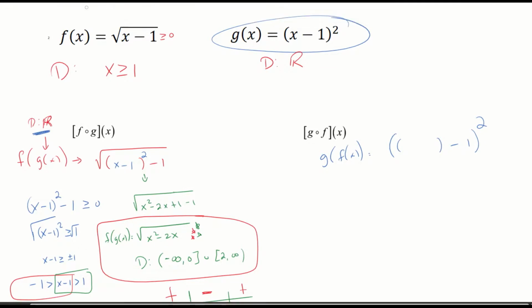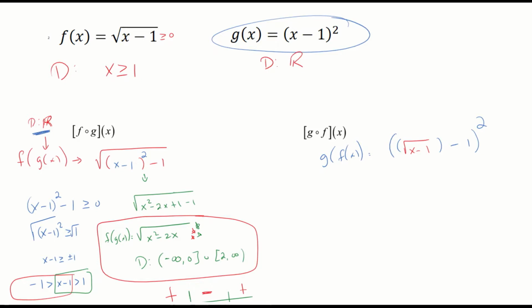Wherever we put a parentheses, we're going to replace it with function f, which in this case is the square root of x minus 1. And then we go from here.